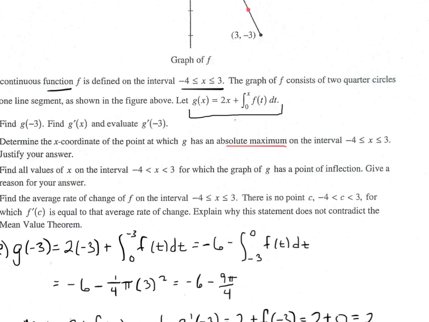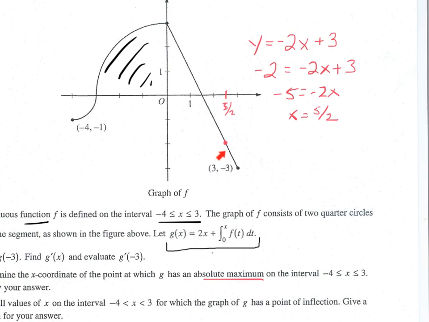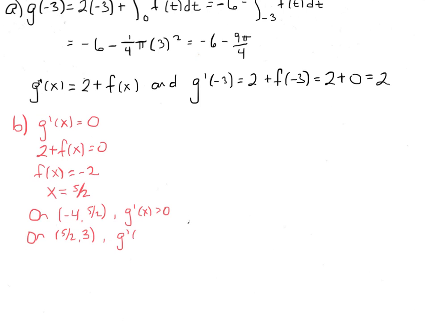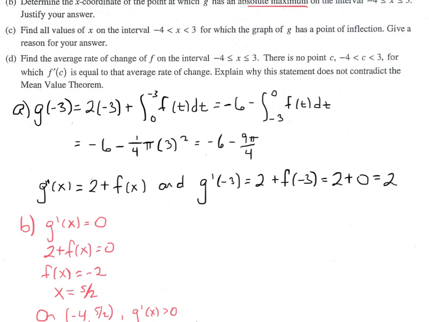But when x is greater than 5/2, f of x plus 2 will still be under the x-axis, so g prime of x would be negative. So since our derivative is going from positive to negative at x equals 5/2, we can say that g has an absolute maximum at x equals 5/2.